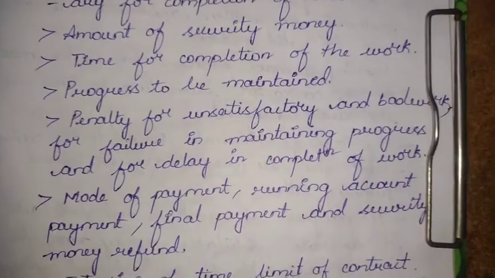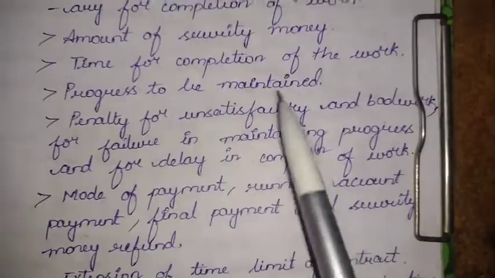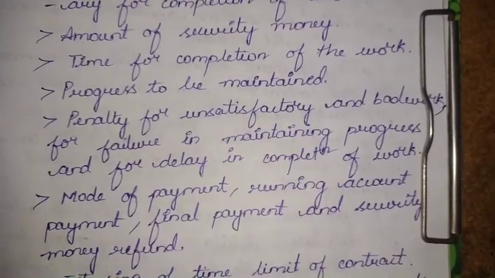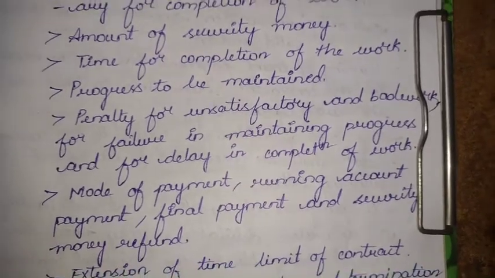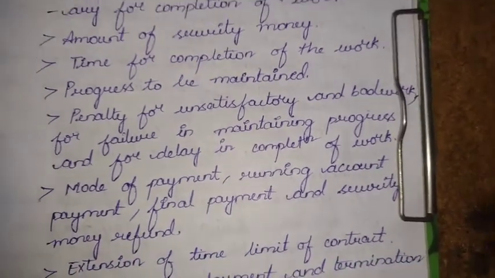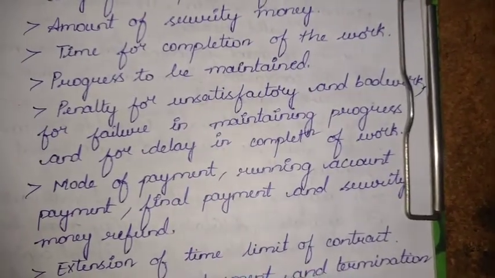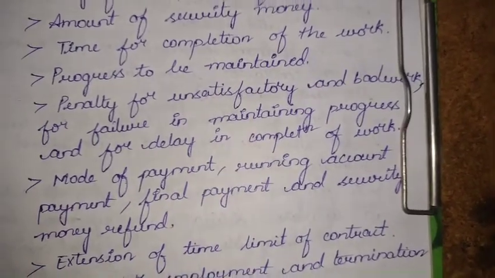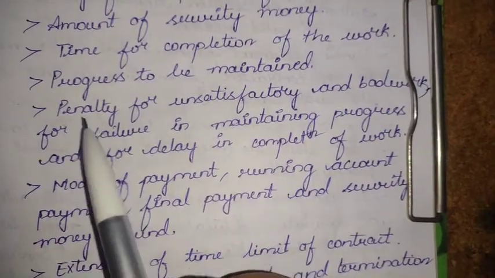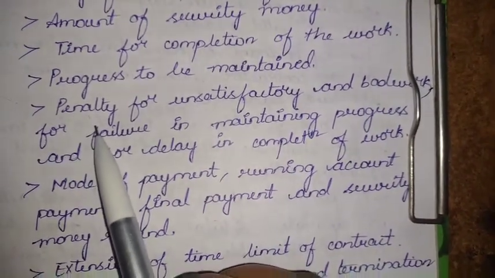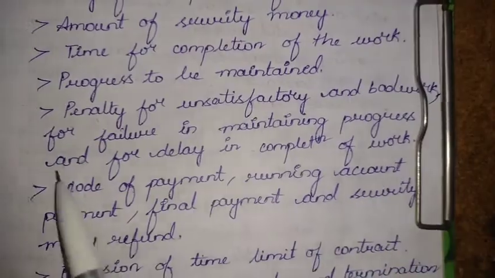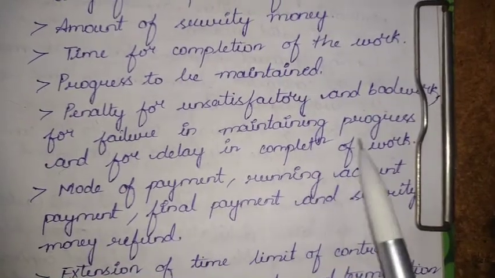See, initially we will maintain some progress, right? We will also promise them that at this level, that is up to the end of the 6th month, we will complete this up to the first floor. If it is not completed, we have to pay some penalty for unsatisfactory and bad work, for failure in maintaining progress.